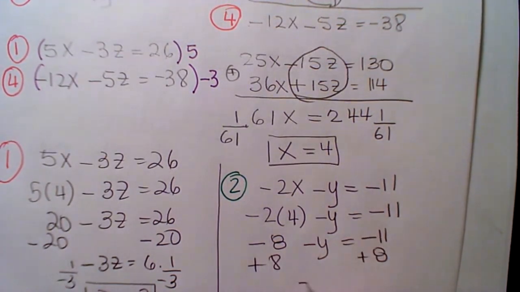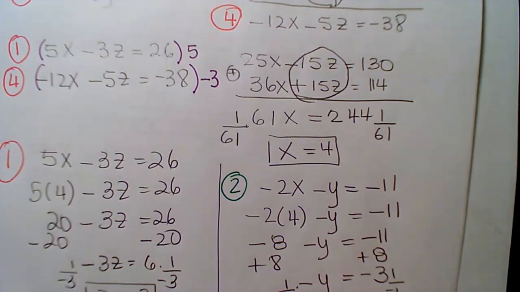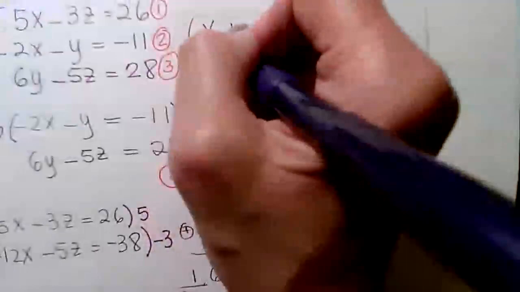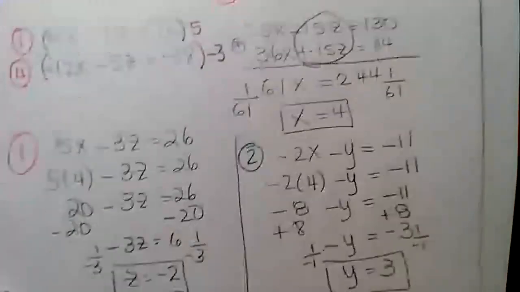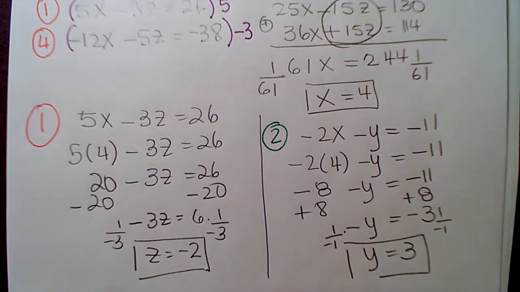So what do we get? Negative 8 equals negative 3. Because we are multiplying or dividing by a negative, y is equal to 3. And we get the 3 here. They are names, okay? But you do them the same way.